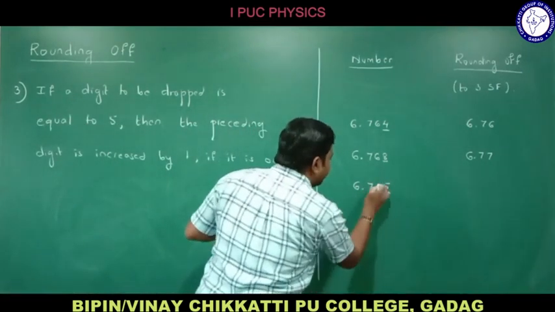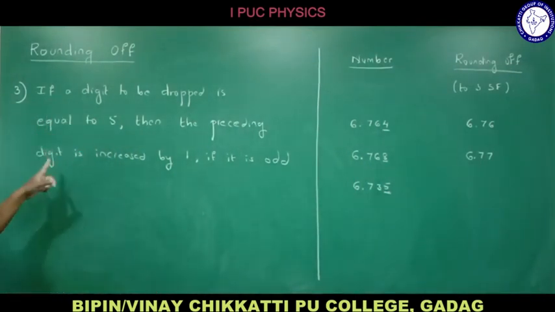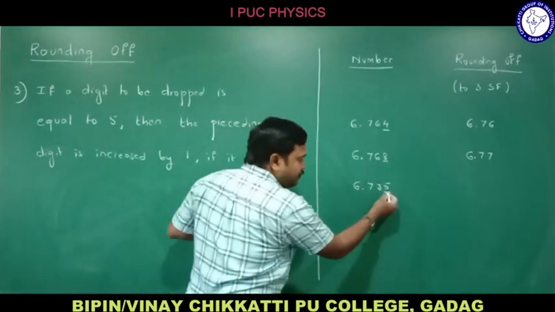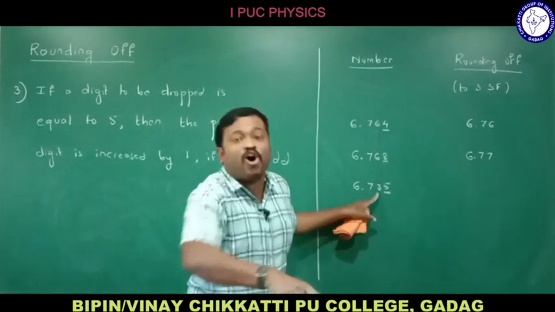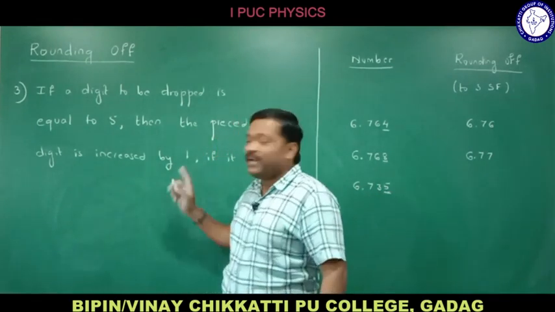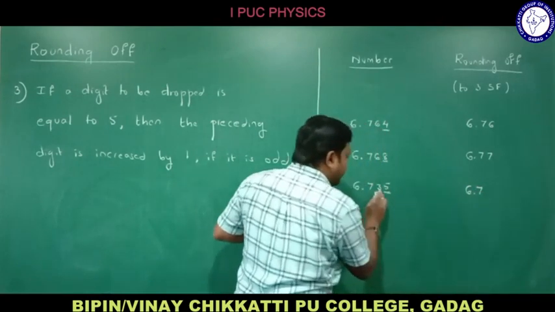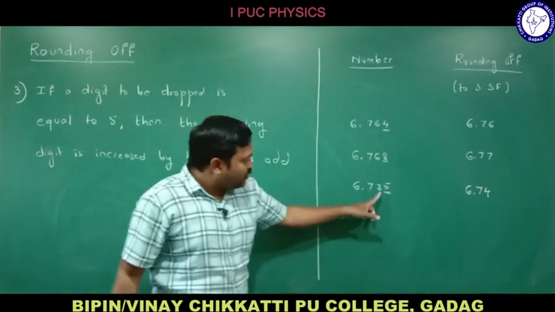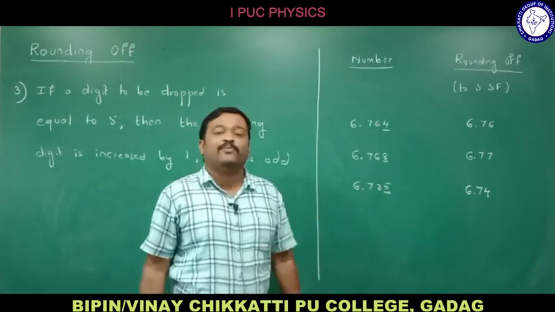Let me take it like this. I am dropping this 5. See the preceding digit, is it even or odd? If it is odd, we need to increase it by 1. So 6.7 increased by 1, how much do we get here? 6.74, right? So if the preceding digit is odd, you need to add 1 to it.